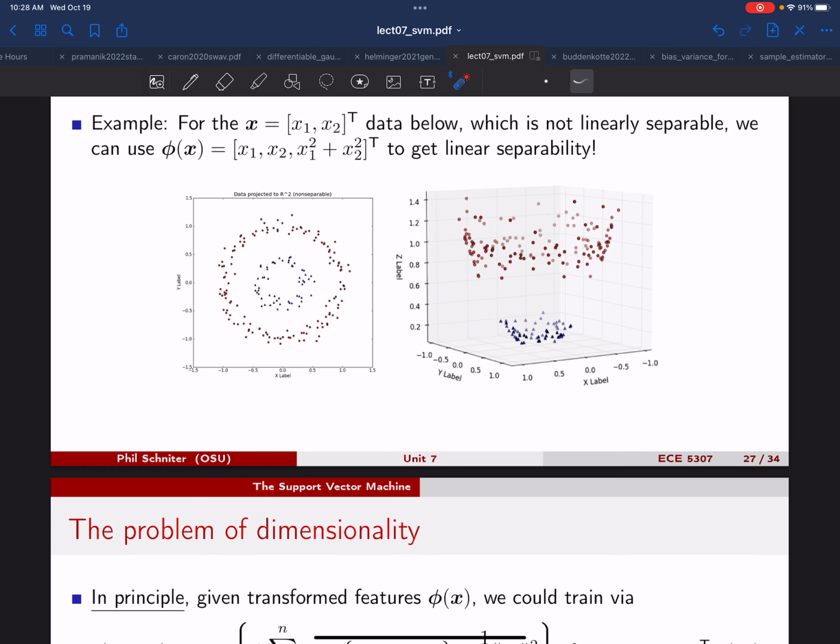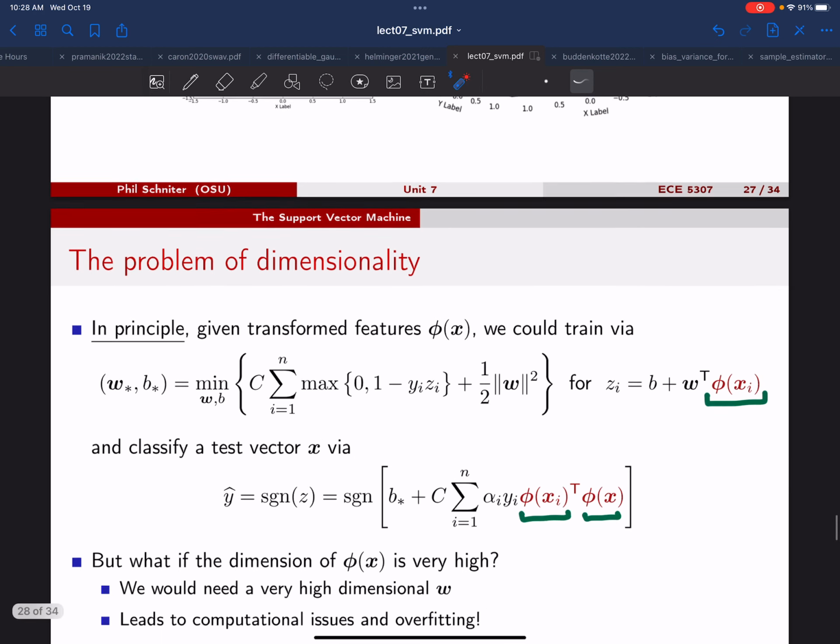In general, you might want to increase it by a lot, because you simply don't know what's going to work with your training data. So maybe you come up with all sorts of different nonlinear functions of the existing features, and then you add all those on, and you get a very long feature vector phi in the hope that some of your new features are going to be useful.